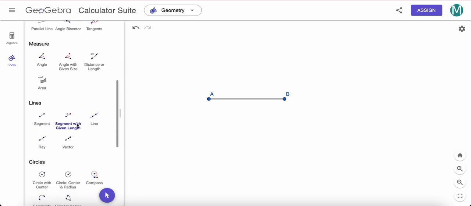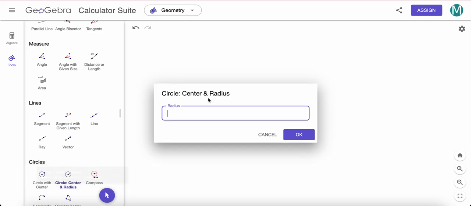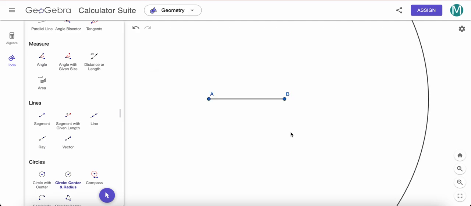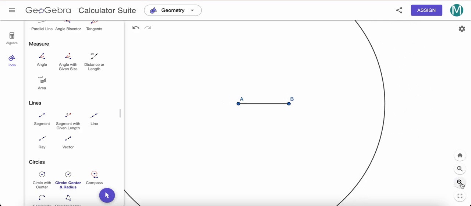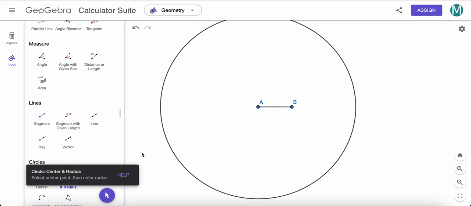And for this, I'm gonna use this circle and radius, and the radius is gonna be 32.2. It is too big, but I'm gonna use the zoom out option, and the same thing I'm gonna use for 28.5.